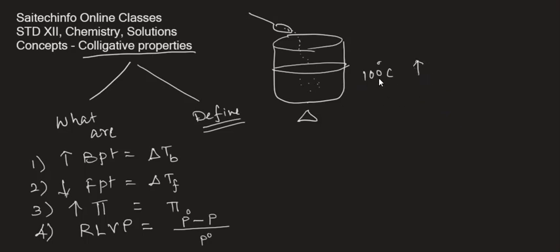It won't boil at 100 degrees. Instead, it boils at 100.04 or 100.05 degrees. It will be only marginal. You cannot expect elevation of boiling point to mean 100 to 200, not like that. So it is a marginal increase in the boiling point.